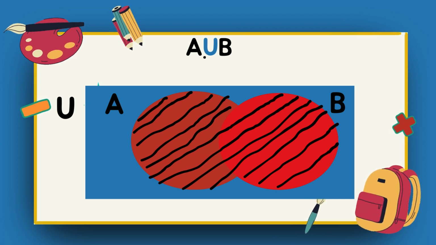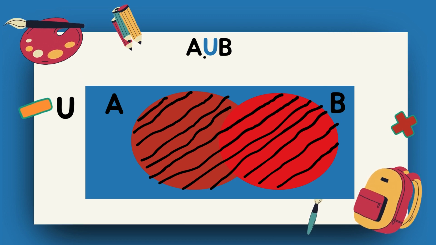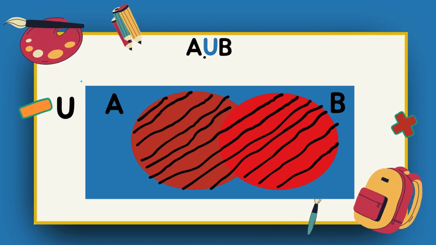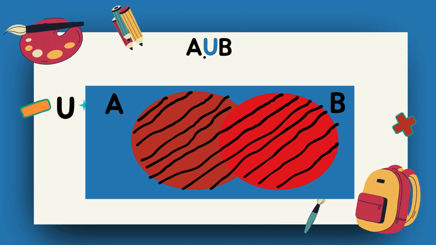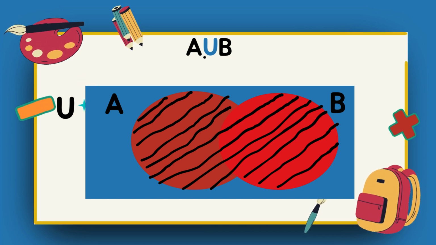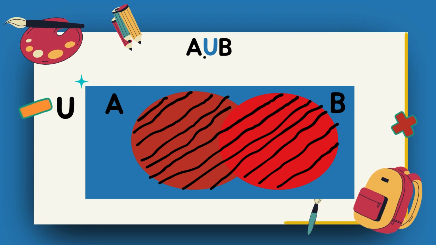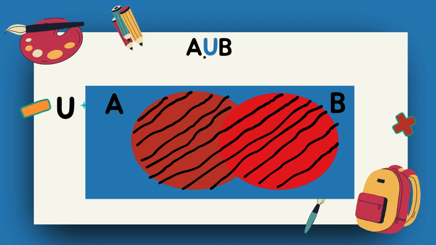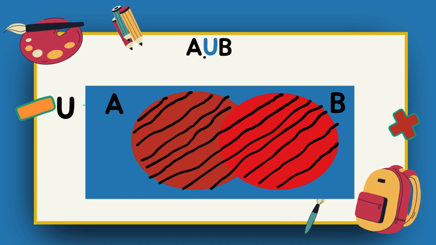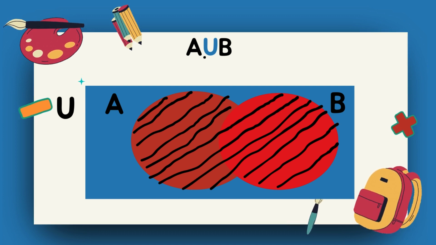As you can see, this set represents set A and set B, and this shows A union B. So union represents objects that belong to set A or set B.